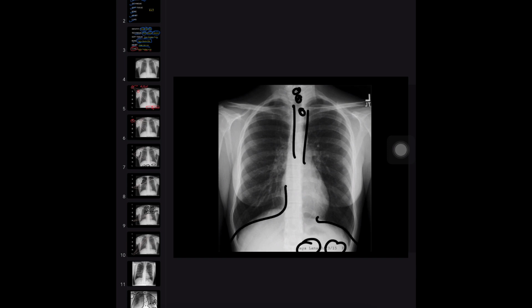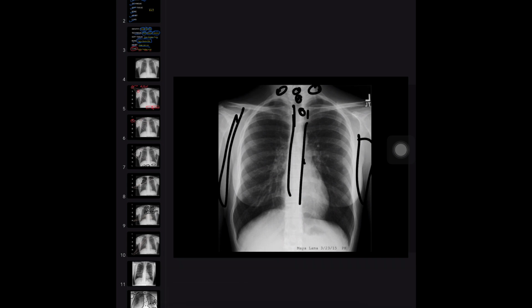Then you have to see the soft tissue, and then the bone: spine, clavicle, and the ribs.